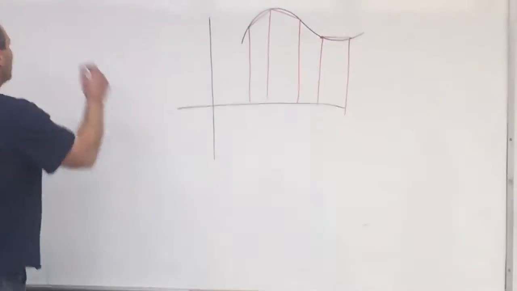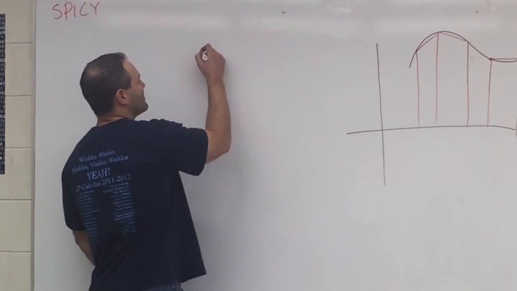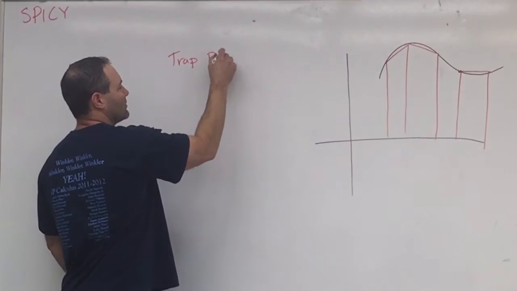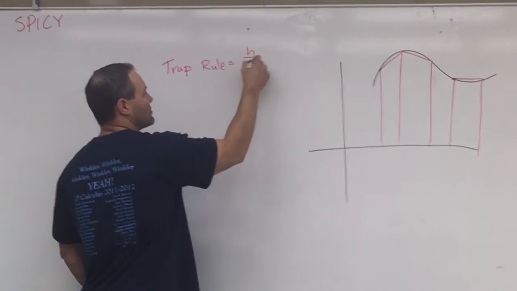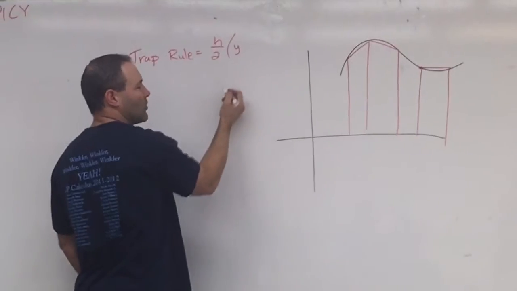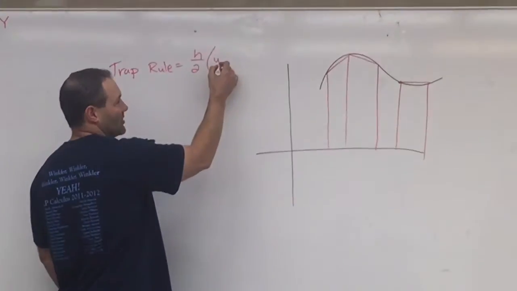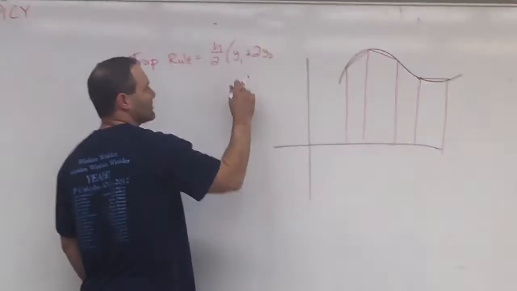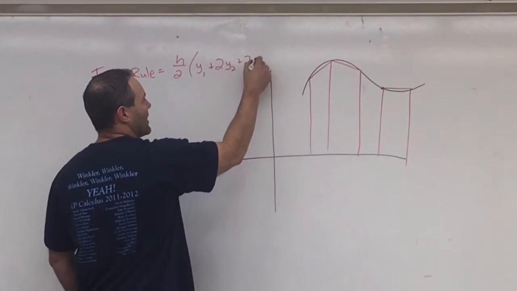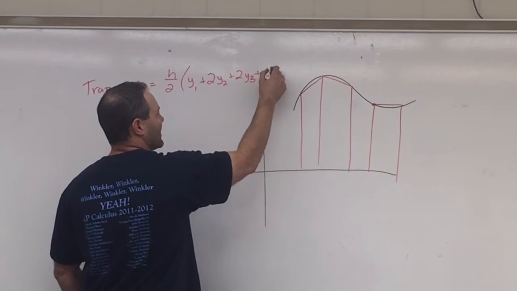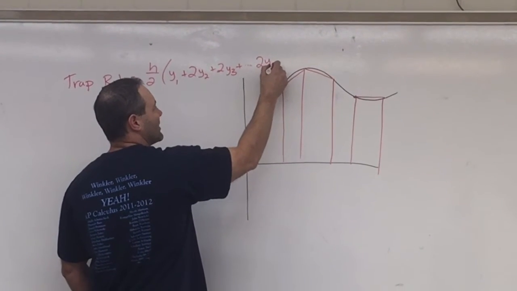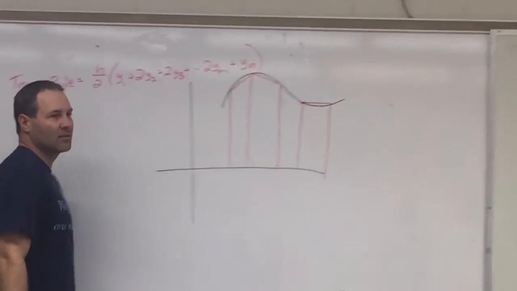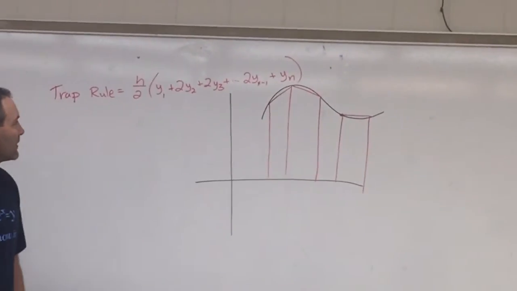Alright, so the trapezoid rule is h over 2 times your first y, y sub 1, plus 2y sub 2 plus 2y sub 3 plus dot dot dot 2y sub n minus 1 plus y sub n.